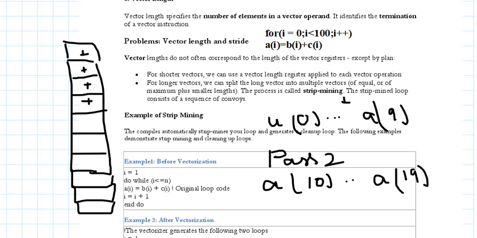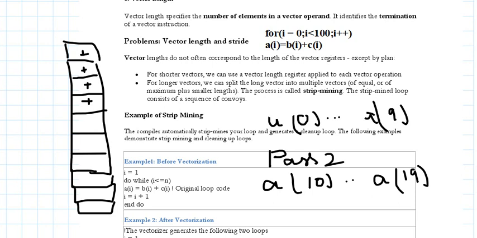It says that for longer vectors, you can split the longer vector into multiple vectors of equal or of maximum smaller lengths, as we did in this example. We split a vector of length 100 into 10 vectors, each of length 10.